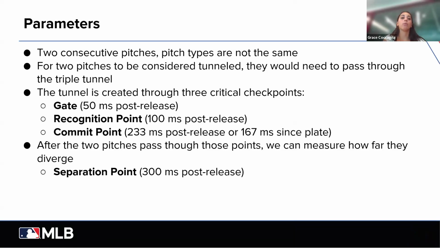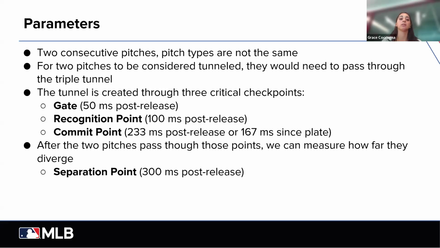We want those two pitches to be passing through what I'm going to classify and reference as the triple tunnel. The triple tunnel is something that pitches need to go through in order to be considered tunneled, and the 3 points are the gate, the recognition point, and the commit point.